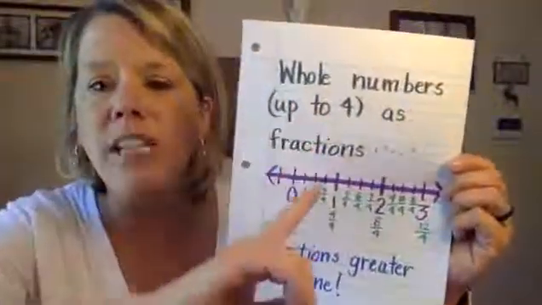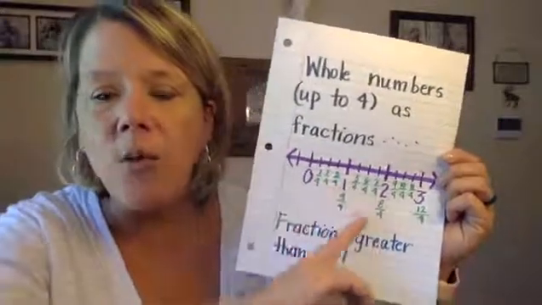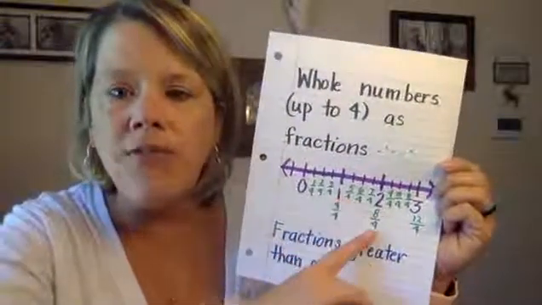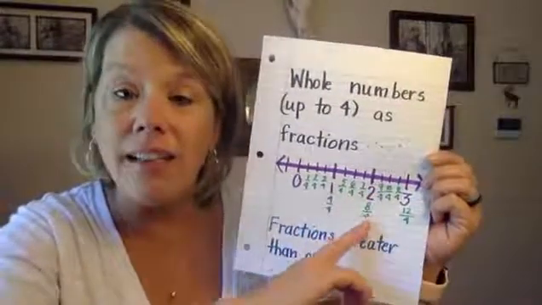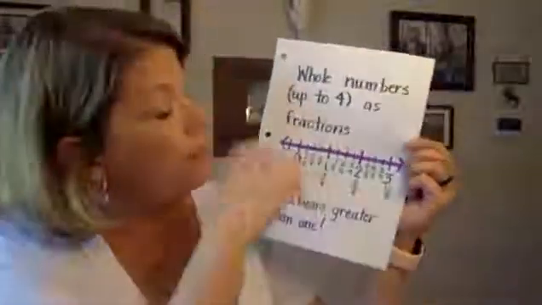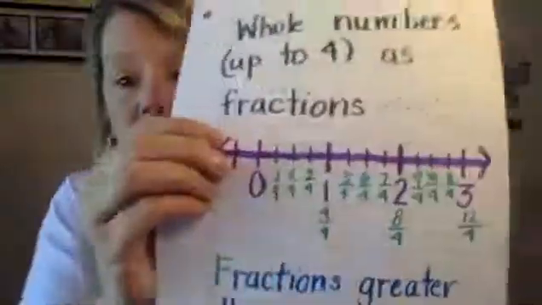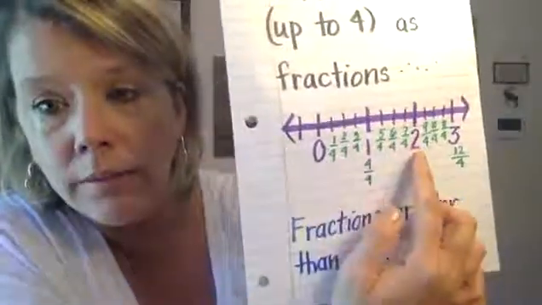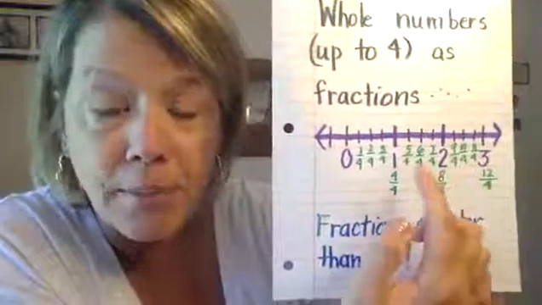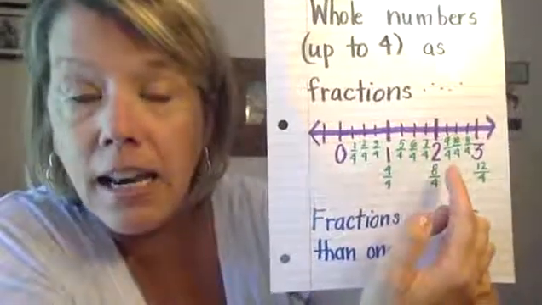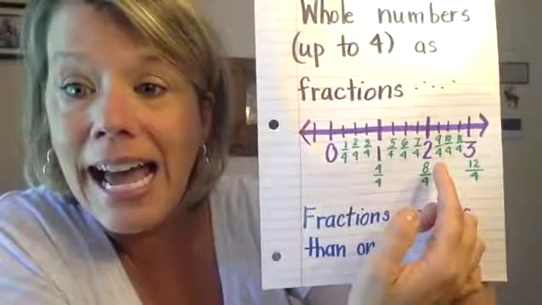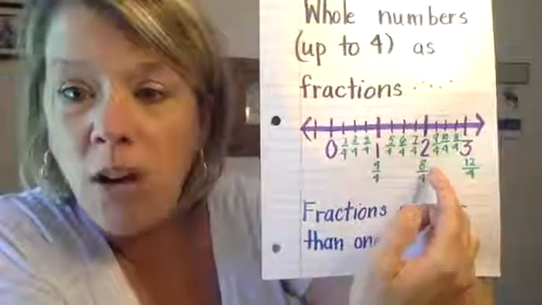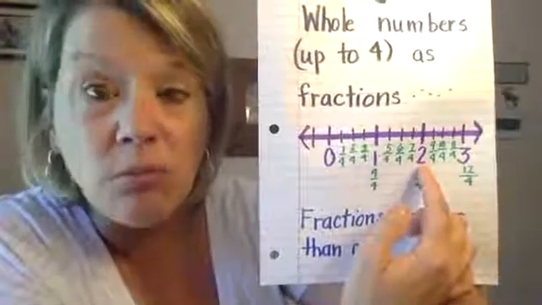So whole numbers as fractions. So 8/4 is greater than 1 because 8/4 has the same value as 2. We could also look at 9/4. That's 1 more fourth than 2, isn't it?